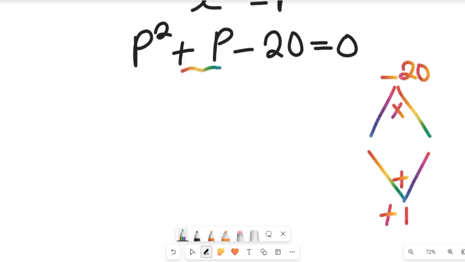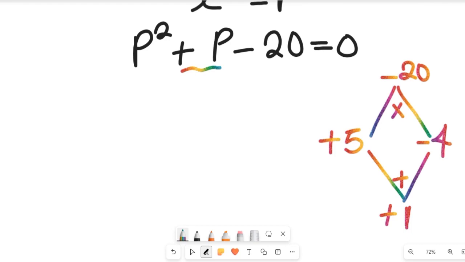Now what are those two numbers? Definitely 5 multiplied by 4 gives us 20. Which of these two numbers will take the negative sign? Let's assign the negative sign to 4 and the positive sign to 5, because when we add these two numbers, the result should be a positive 1.